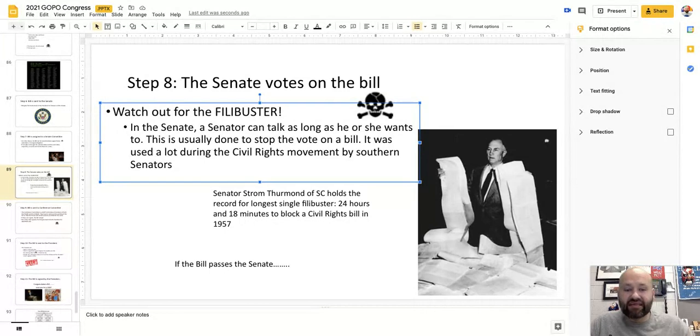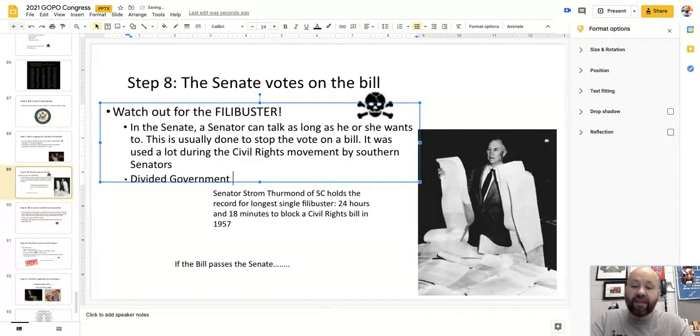But I want to point out this idea of divided government. Divided government is more on the politics side than the government side, but it's three things. It's the president, the Senate, and the House.